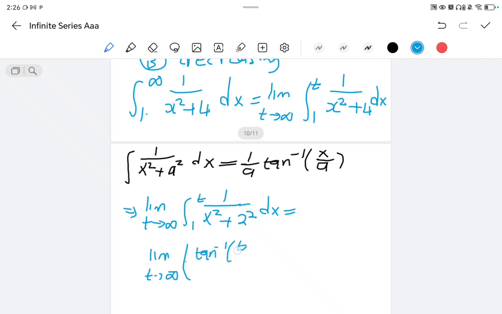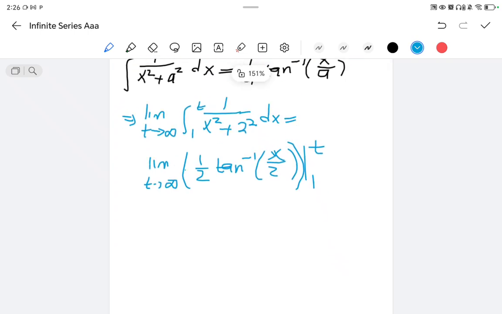Again, we said that this would be 1 over 2 arctan of x over 2, evaluated from 1 to t.